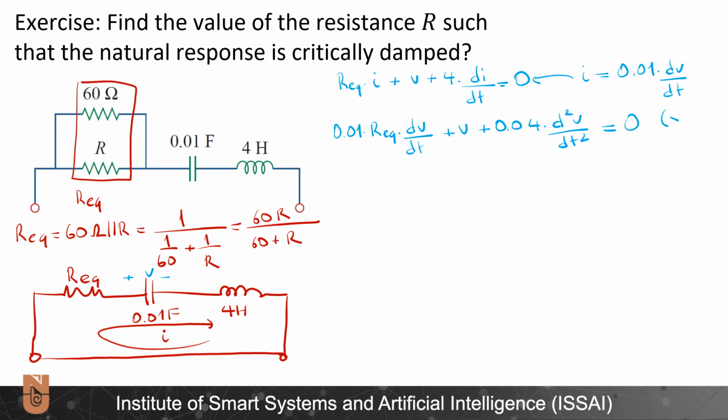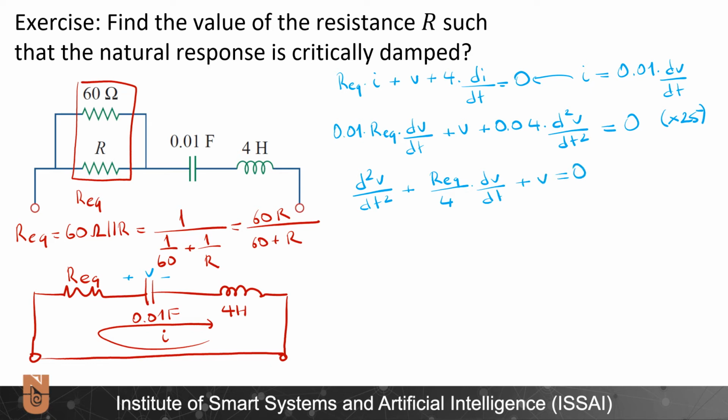And if I multiply this by 25, I end up with d squared V over dt squared plus R equivalent divided by 4 times dV over dt plus V is equal to 0.